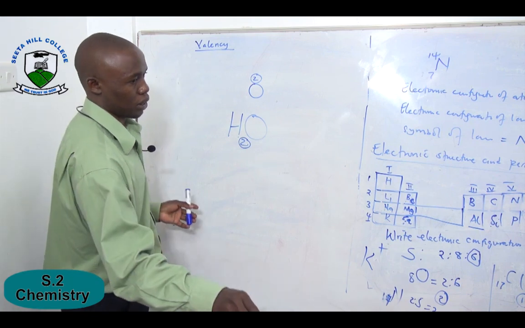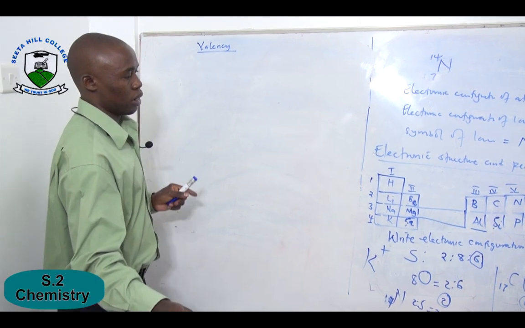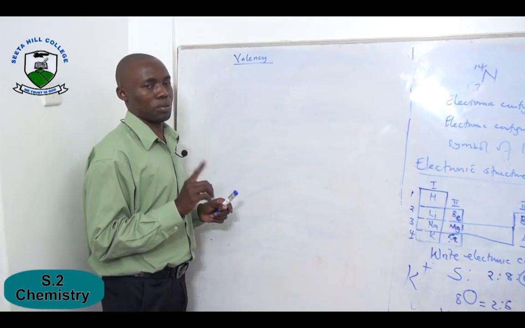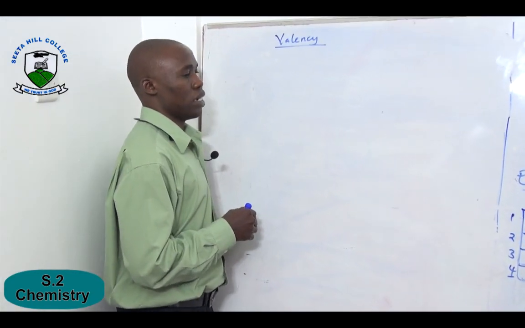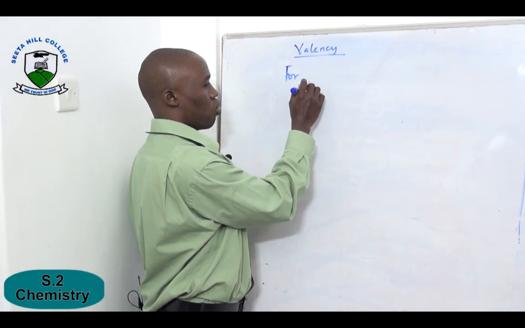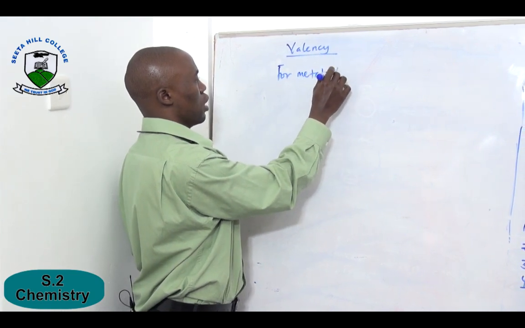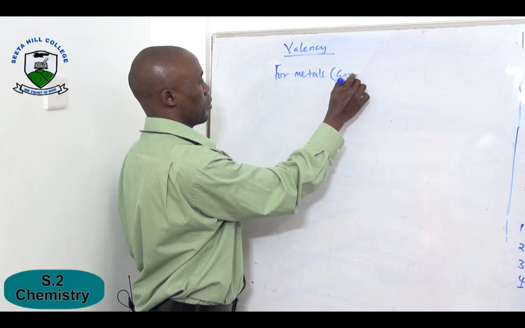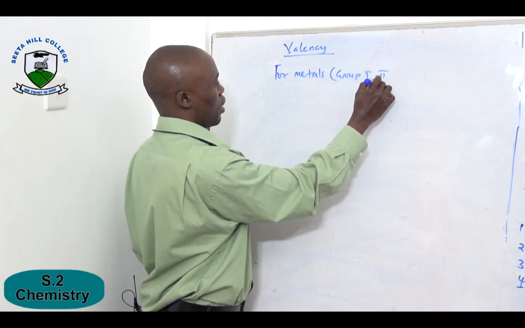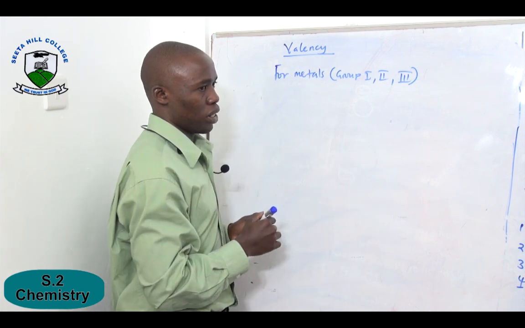Now look here. Let us exhaust here in depth. I will say it for metals, that is group 1, 2, 3. Their valence is equal to the group number.